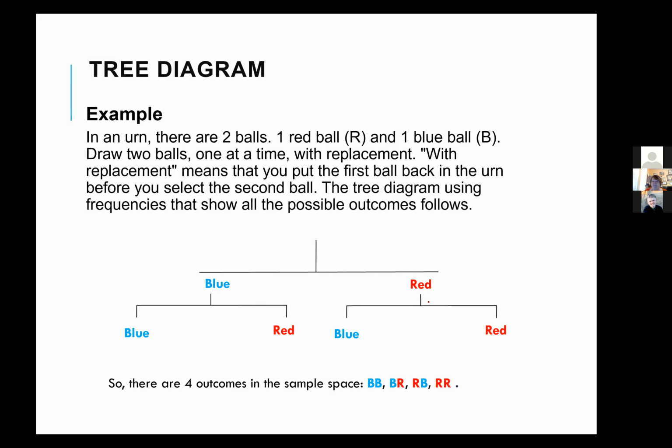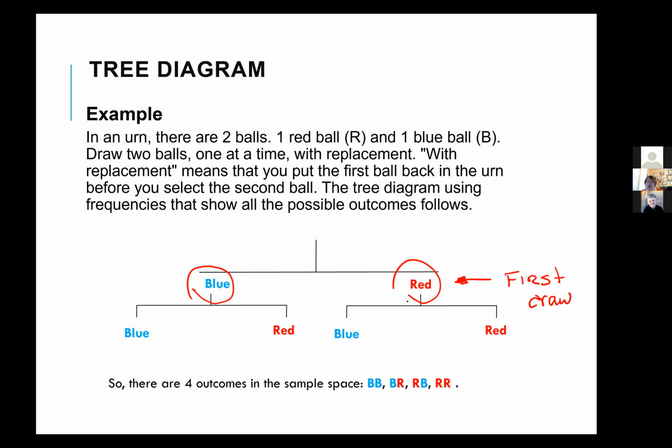So the first line here is your first draw. In the first draw, you can get either a blue ball or you can get a red ball. Now you put the ball back in the urn. So you're doing this experiment with replacement.